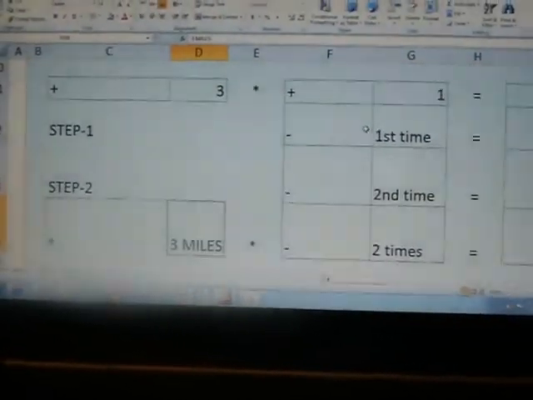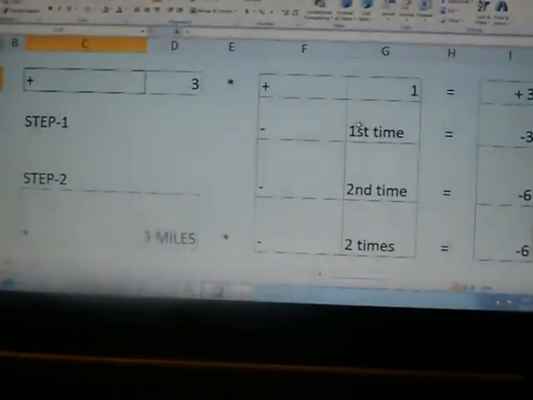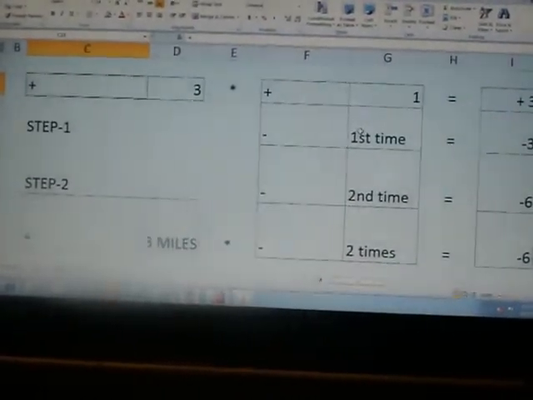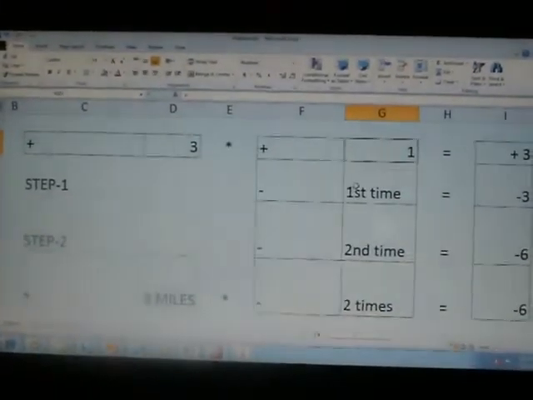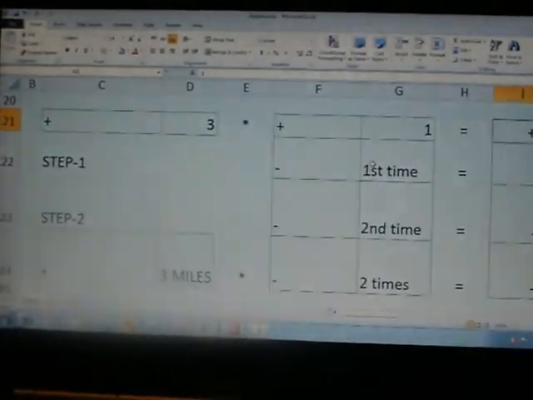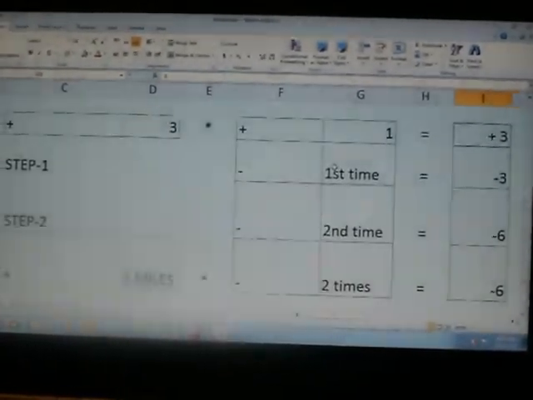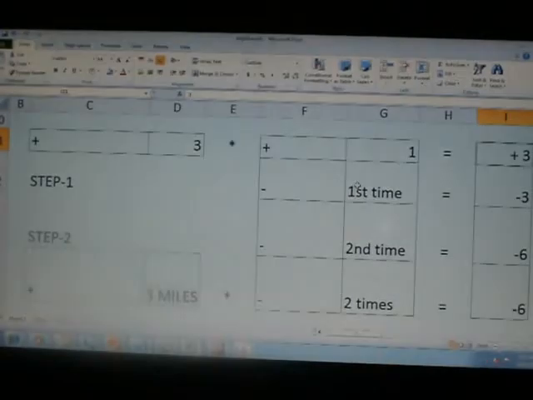If we come to the next formula, it's plus 3 into minus 2 equal to minus 6. Let me tell you how we can interpret this. So plus 3 is traveling towards school 3 miles, and you are doing the same, say for one time, then you will reach 3 miles towards school from home.